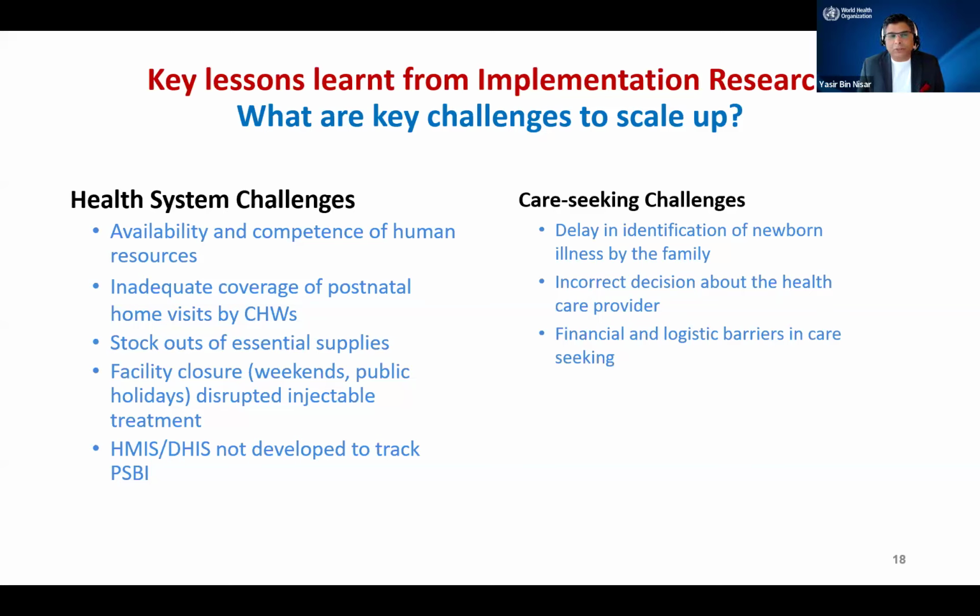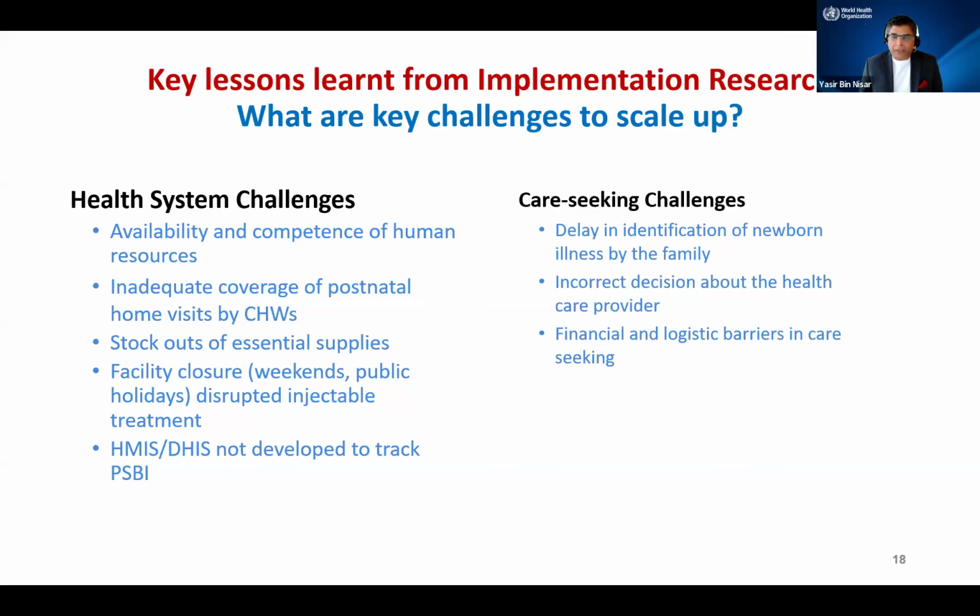Second important thing which we faced is inadequate coverage of postnatal home visits by community health workers. This is a very good strategy that community health workers should visit young infants after birth, day 3, day 7, day 14, day 21, and then day 42, at least 4 to 5, 6 visits to identify any danger sign or any problem with the newborn during that period.